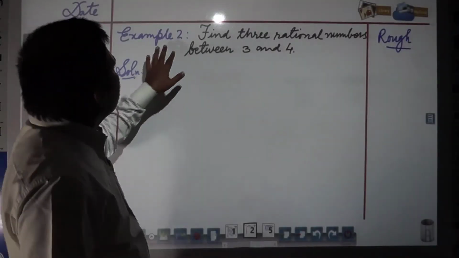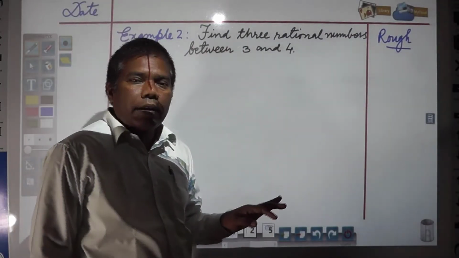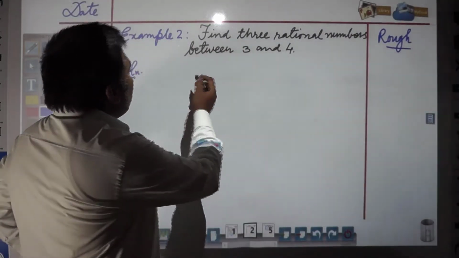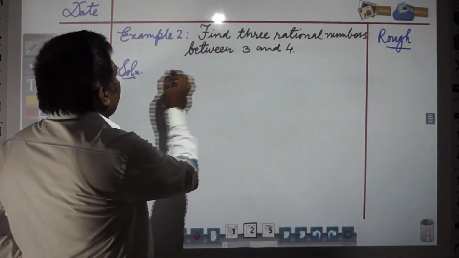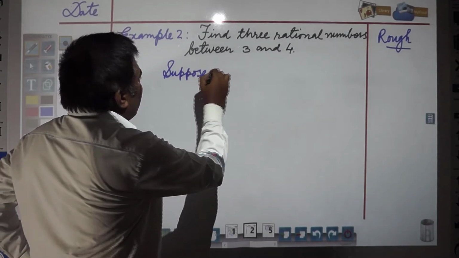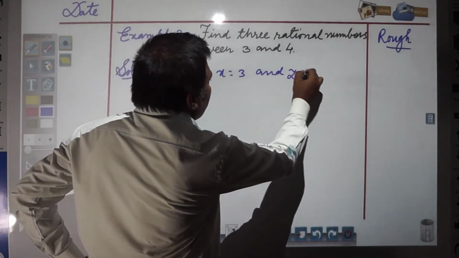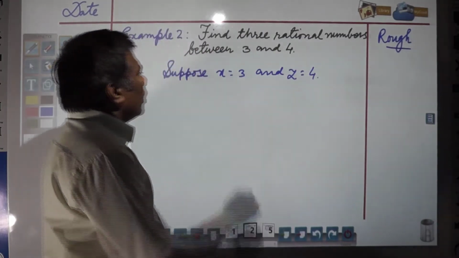In the next example, you have to find three rational numbers between 3 and 4. So what will we do? The same formula will apply. Suppose x is equal to 3 and y is equal to 4.